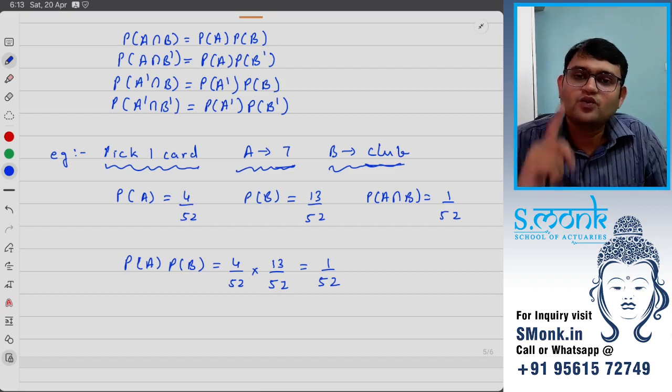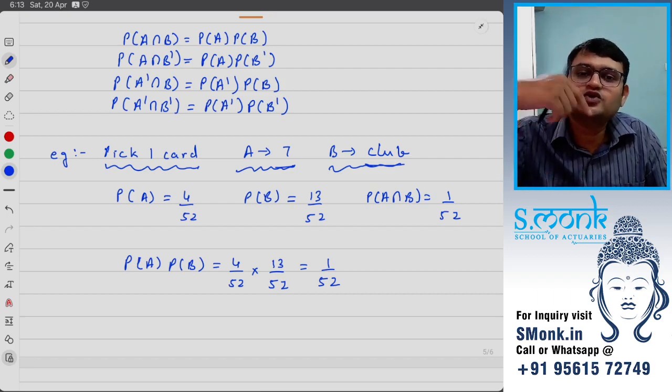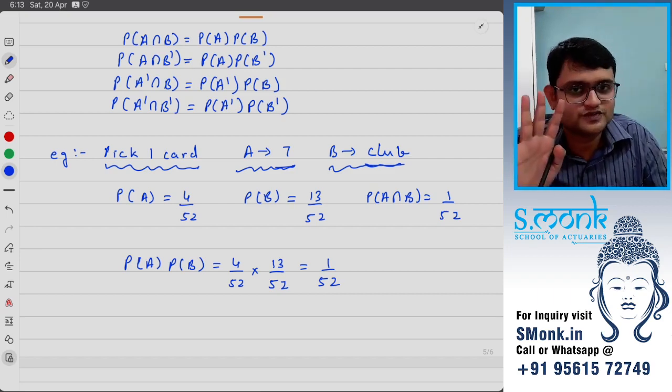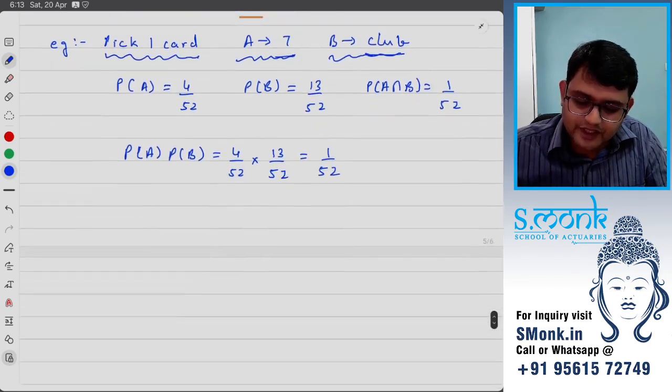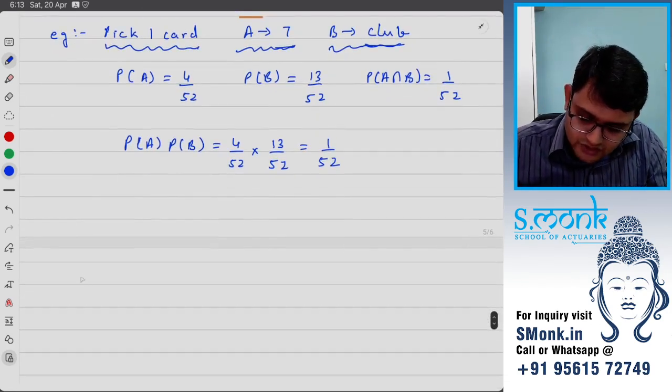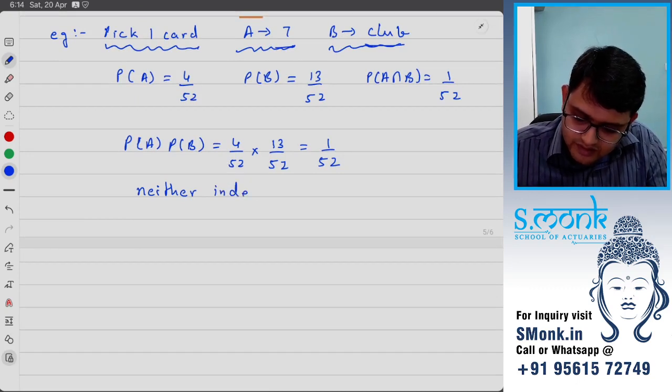Now how can one single event be independent of itself? It's not possible, right? So I should be picking two cards. So this is neither independent nor dependent.